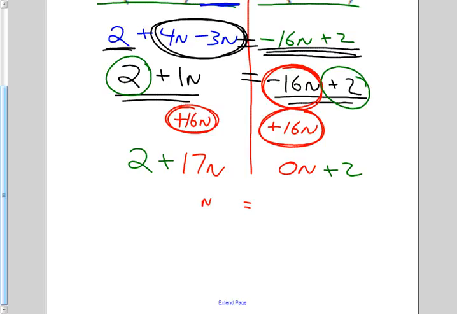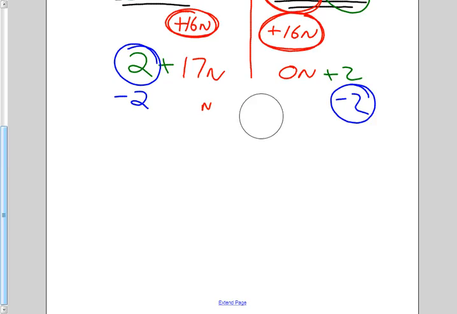Then, let's get this guy over to this side. And we do the exact same thing, except now because this is positive 2, I'm going to do a negative 2 to both sides. I'm giving myself a little room to work, because I'm going to get 0. I did not mess with the 17.